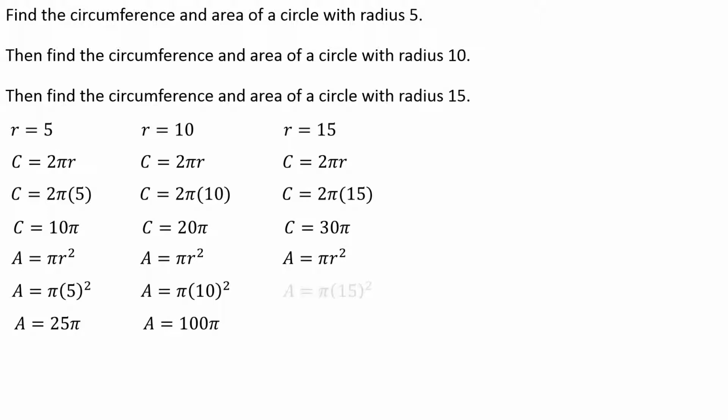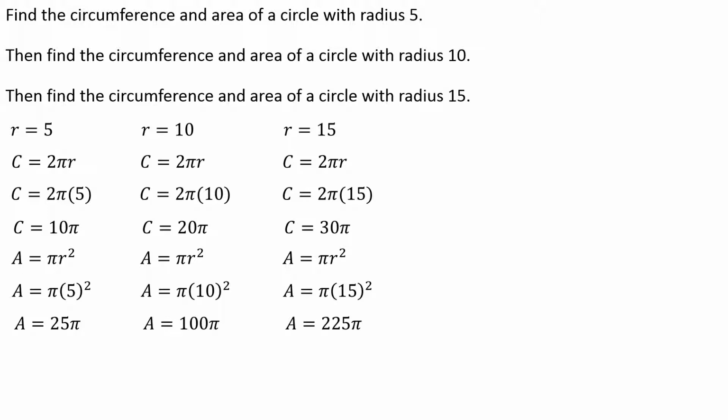Now, for 15 squared, this might be the first time where you're like, whoa, I got to grab a calculator, right? 10 times 10 is 100. Probably did that in your head. 2 times 15 is 30. Probably did that in your head. But 15 times 15, let's face it, most of us don't go around memorizing 15 times 15. So I'd grab a calculator and come up with 225. So the area would be 225 pi.